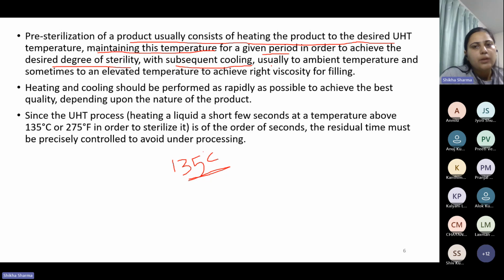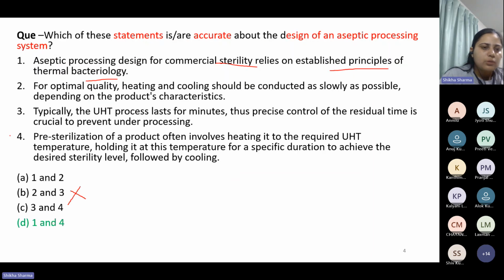Then we subsequently cool the product and store it at ambient condition. Filling is also done at ambient condition or sometimes at elevated temperature, so that we can get the right viscosity of the product, and finally the storage will be at ambient condition. So statement 4 is also correct.